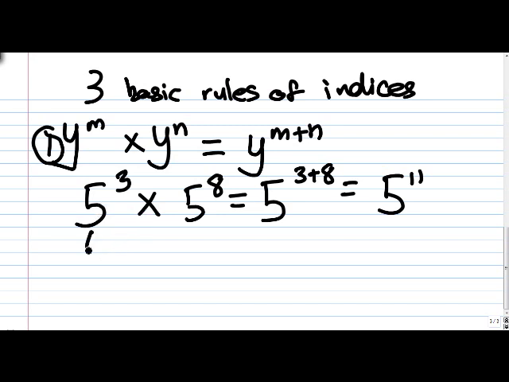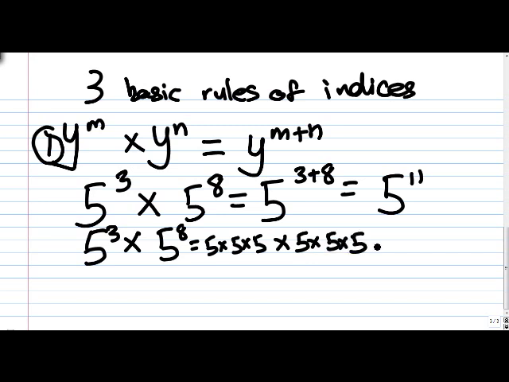If you think about it, 5 to the power 3 times 5 to the power 8 is 5 times 5 times 5, 3 times, and then times 5 seven more times, and then times 5 again.